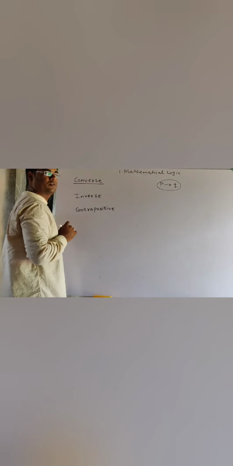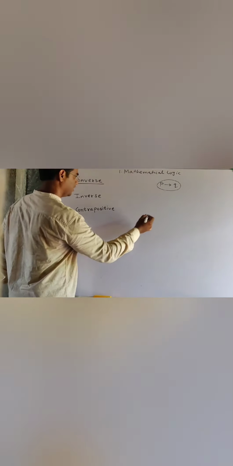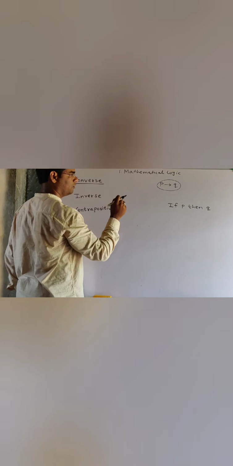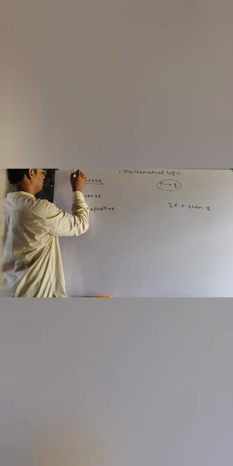So what is a conditional statement? The statement consists of if then, that is P implies Q. This type of statement is known as a conditional statement or implication statement.